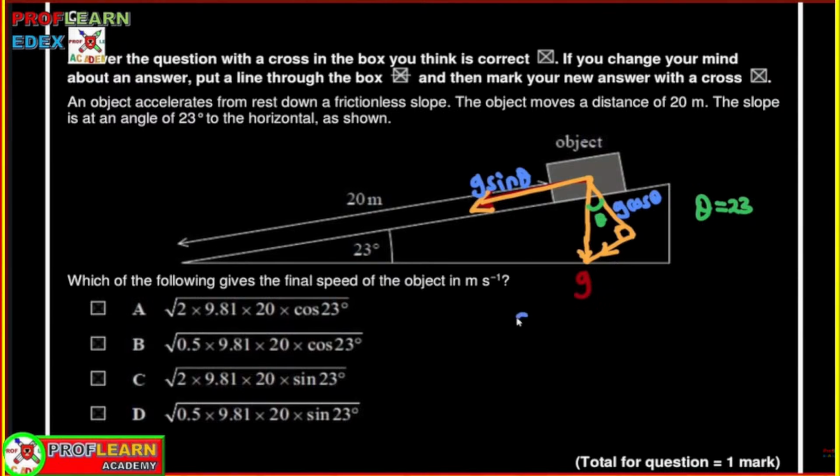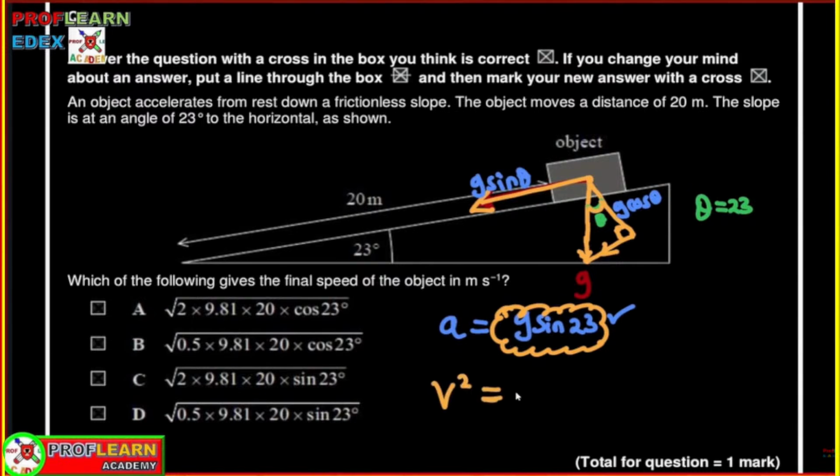Since we have our acceleration to be g sin 23, which is the same as 9.81 sin 23, we can use the SUVAT equations of motion to work out the final velocity. The best one we can use is v squared equals u squared plus 2as. Our acceleration we have obtained there.